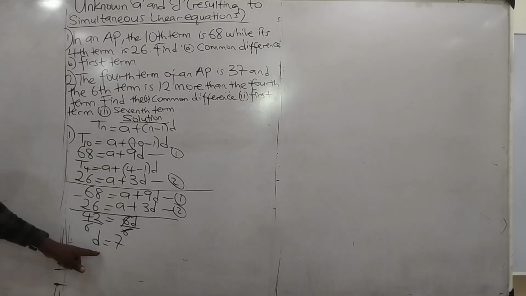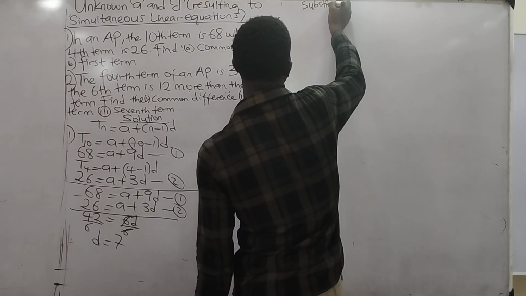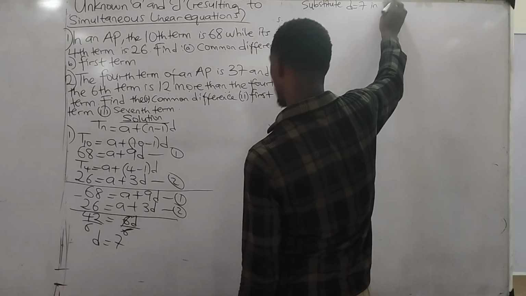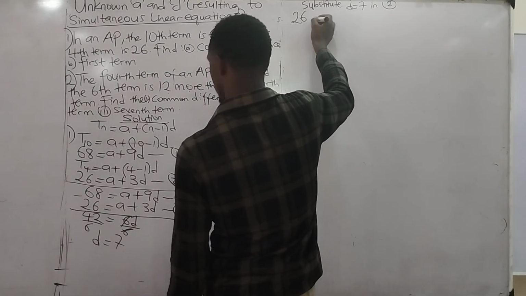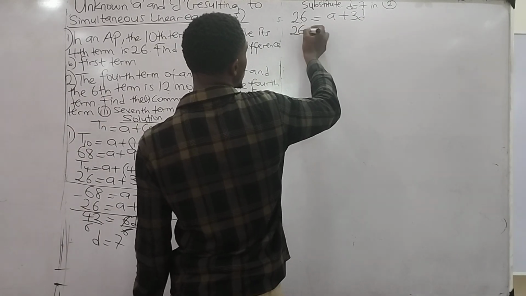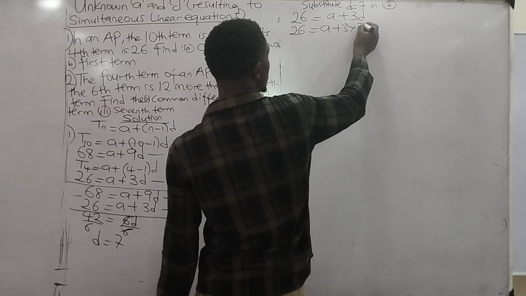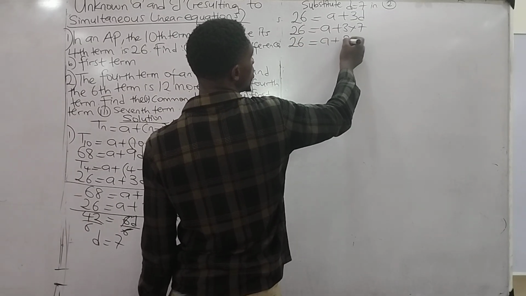Once you get the common difference, you can use any of the equations to get the first term. Let's substitute d is equal to 7 in equation 2, where 26 is equal to a plus 3d. So 26 is equal to a plus 3 times 7, which is 21.